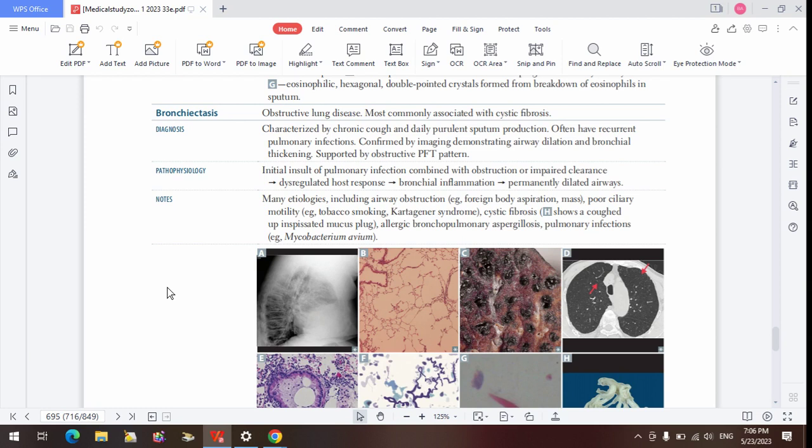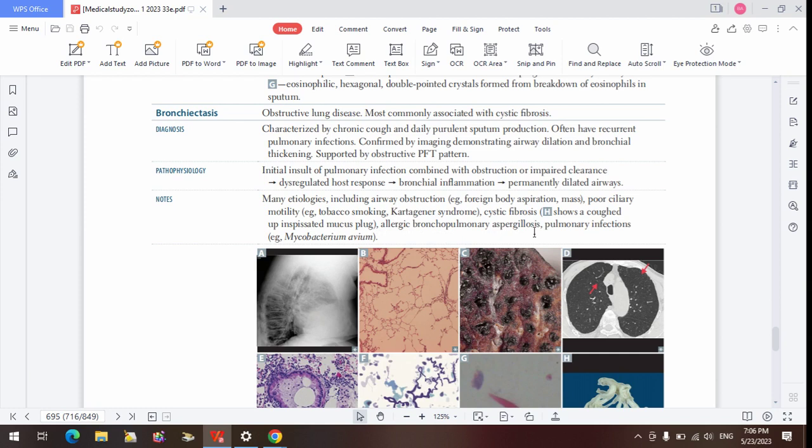So what are the ways by which they can present? Bronchiectasis, number one, they have a chronic cough. They are coughing chronically. It's a chronic disease. Then number two, they produce a very foul-smelling sputum, which is typically brownish, especially in people with allergic bronchopulmonary aspergillosis. They produce brownish sputum, and I've talked about the fact that they can complicate asthma.